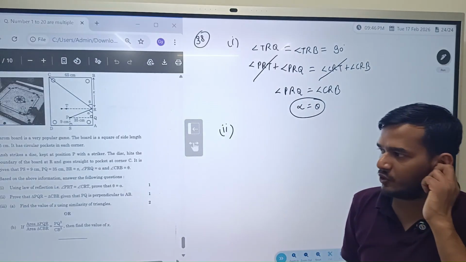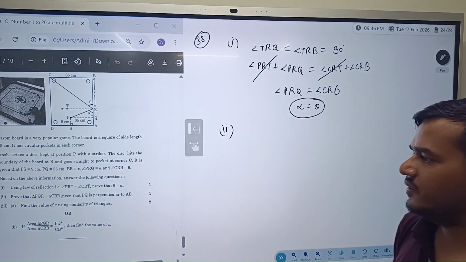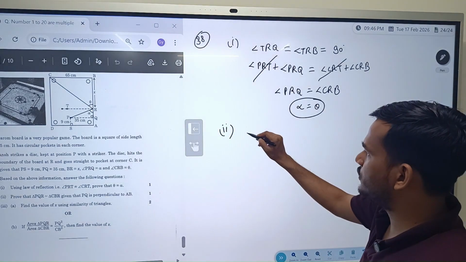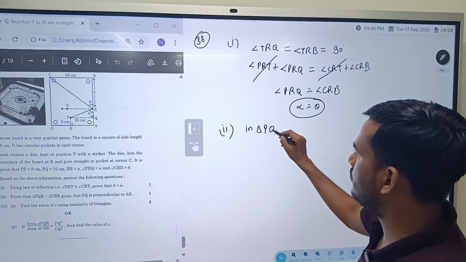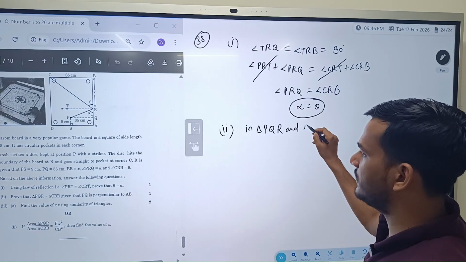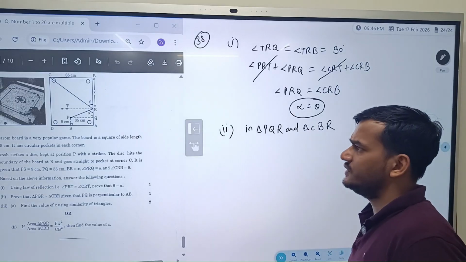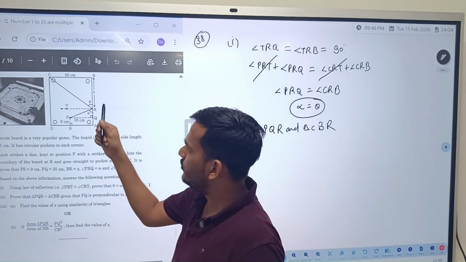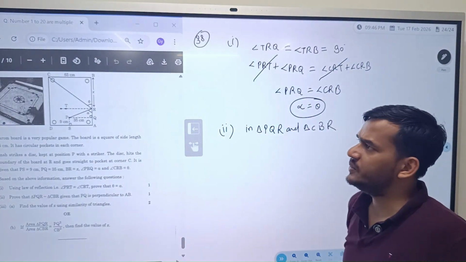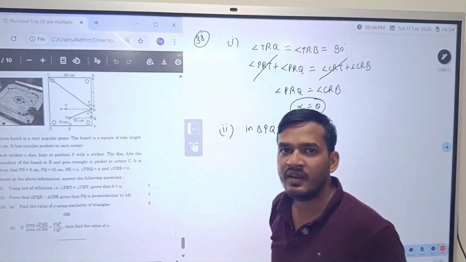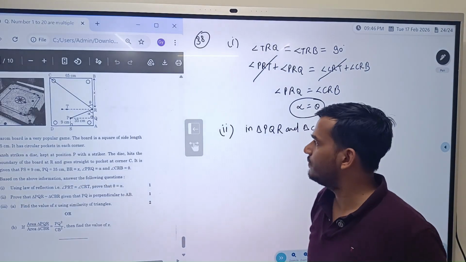In the second part we have to prove that triangle PQR is similar to triangle CBR. Check the angles. Angle PQR is 90, and angle CBR, since ABCD is a square, is also 90.